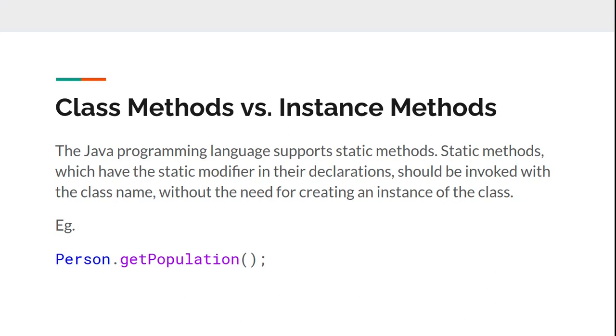Static methods, which have the static modifier in their declarations, should be invoked with the class name without the need for creating an instance of the class. In this example, if we define a static method for Person called getPopulation, then you can just invoke the method getPopulation from within the class or using the class name without even instantiating any object.